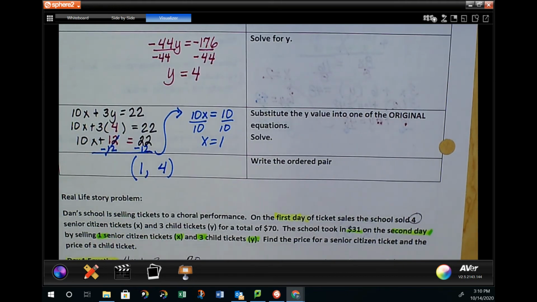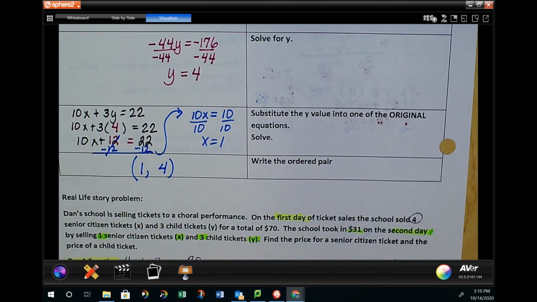Now this one is kind of cool because I can make one of these be negative. The reason why is because they're both positive, and they're both 3. So if I just multiply this bottom equation by -1, this top equation doesn't change. So 4x plus 3y equals 70.